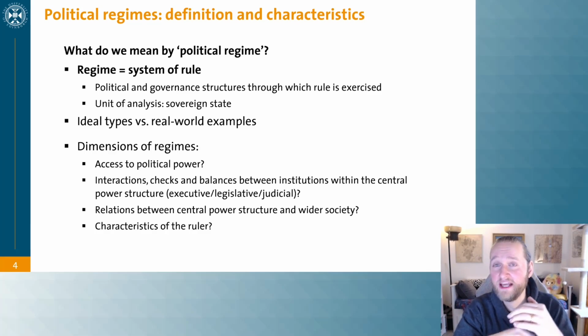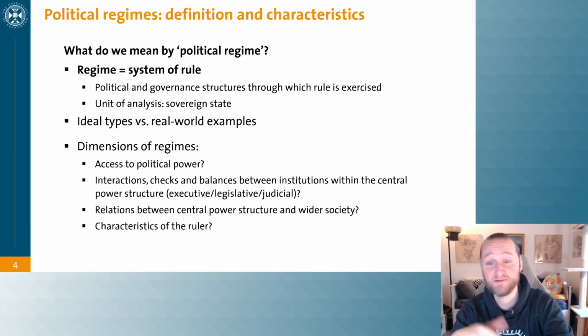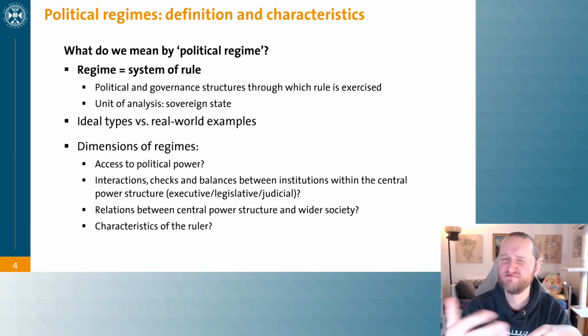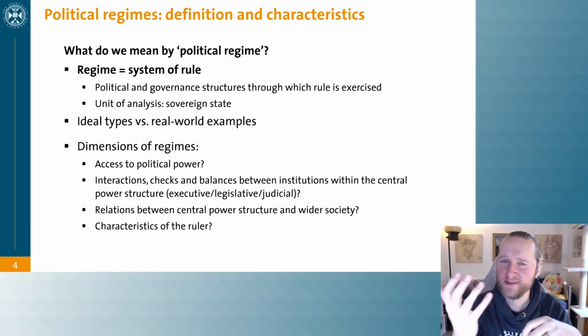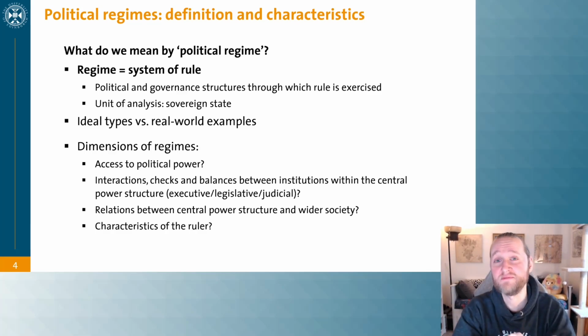So, for example, can everyone in the country potentially get into a leadership role? Are, for example, women excluded? Are minorities excluded? Do the poor tend to be excluded, whether implicitly or explicitly? Rarely is this explicit, but again, we know, of course, systems of rule where only, say, property holders were able to vote and therefore access political power. So that's not out of the question.